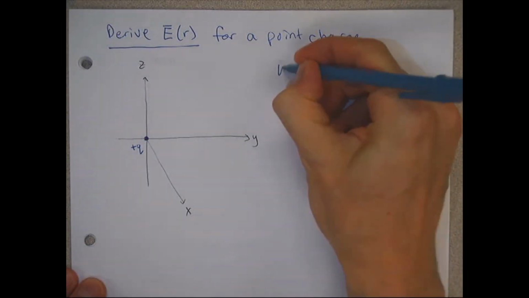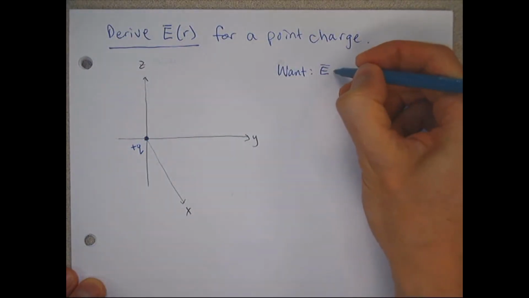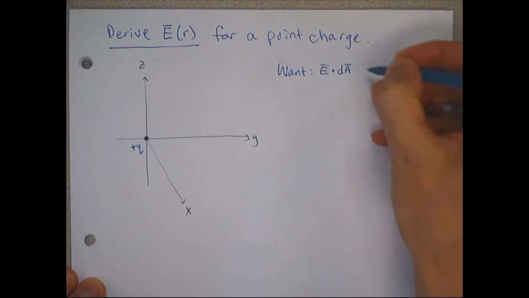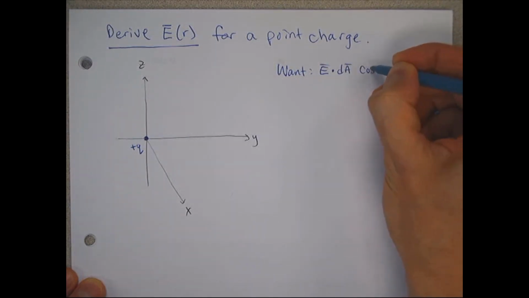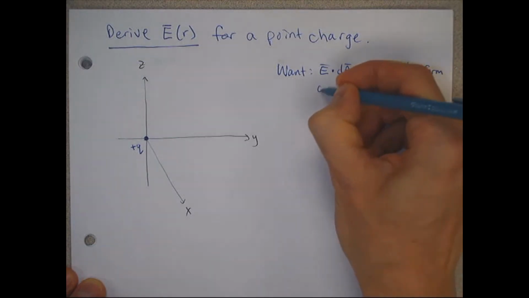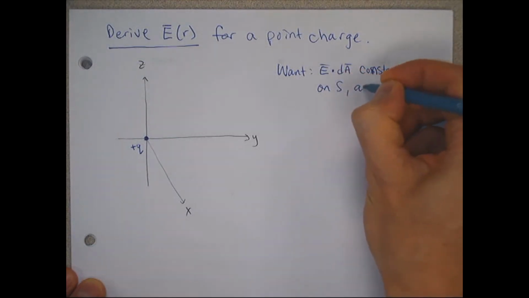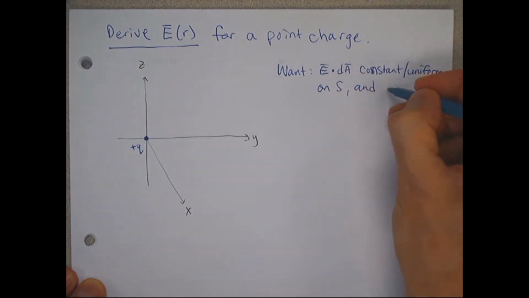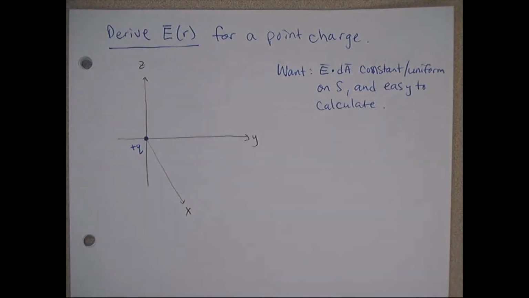What we want is to choose a surface S such that E dot dA is constant and uniform, and that dot product should be easy. Well, what does the E field from a point charge look like?